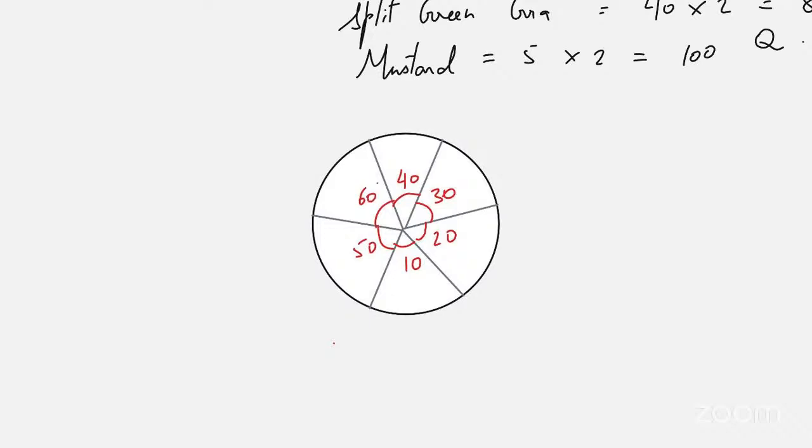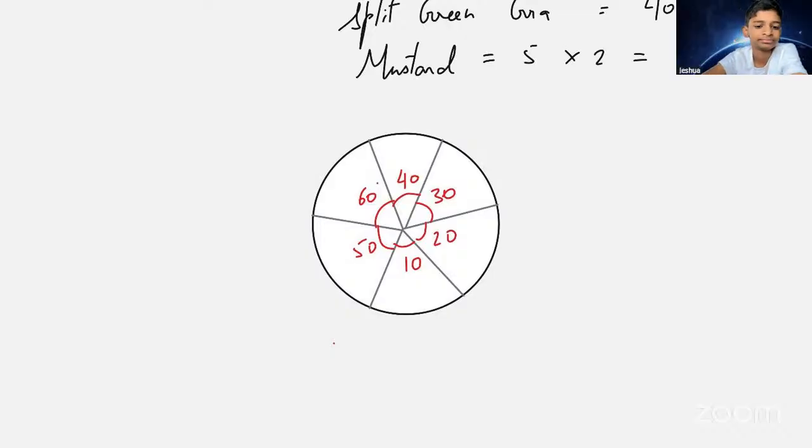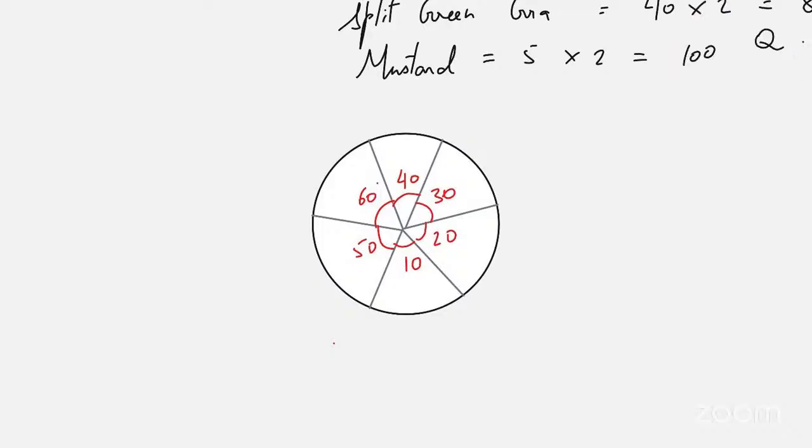So, what will be the total, Joshua? Add it. 10 plus 20, 30. 30 plus 30, 60. Then 60 plus 40, 100. 100 plus 60, 160, plus 50, 210.